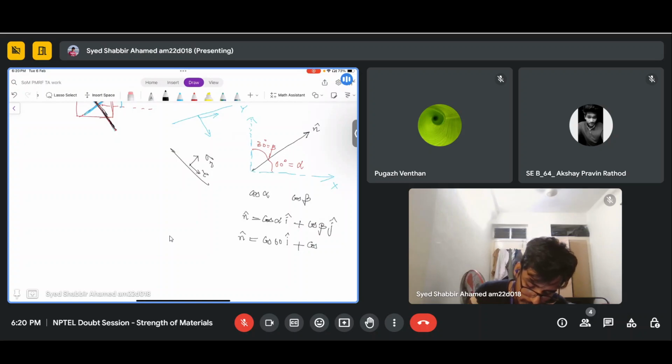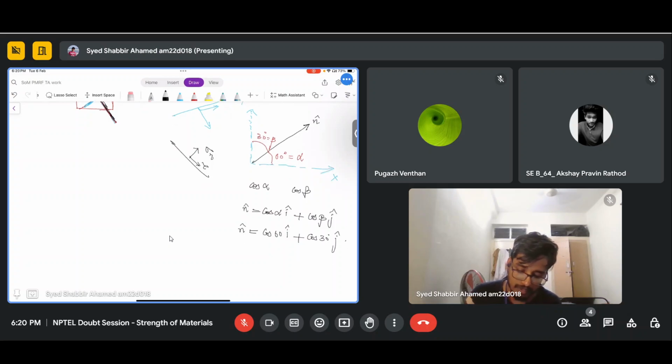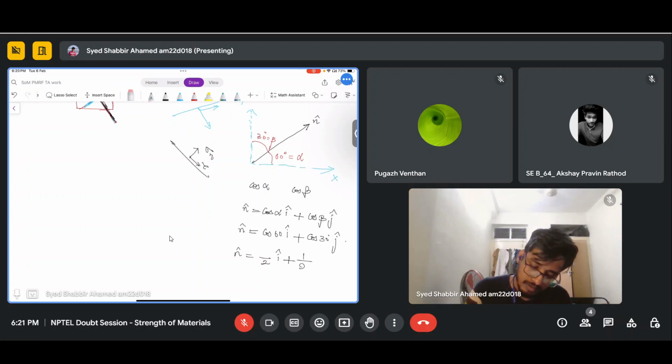Cos alpha is cos 60 and cos beta is cos 30. So what is cos 60? Sorry, cos 60 is 1 by 2 and cos 30 is root 3 by 2.